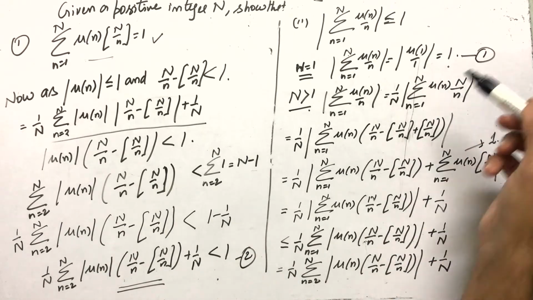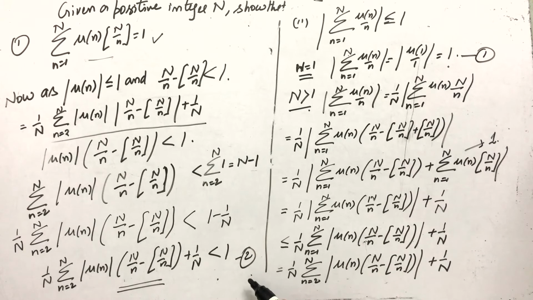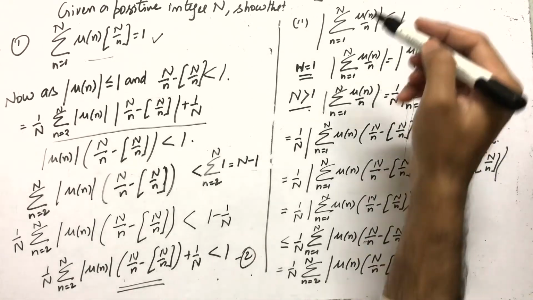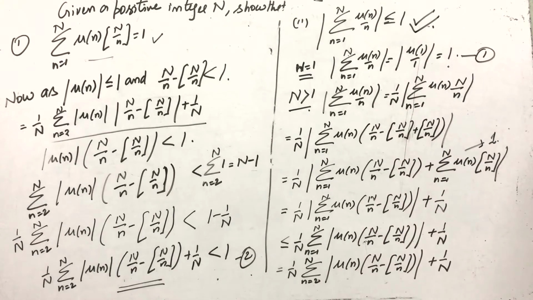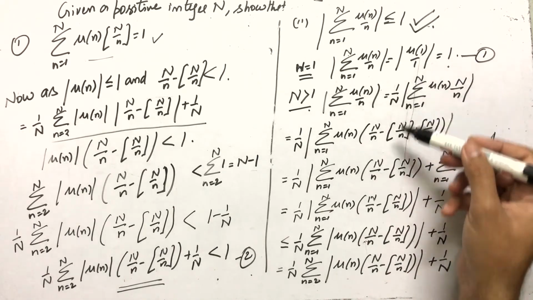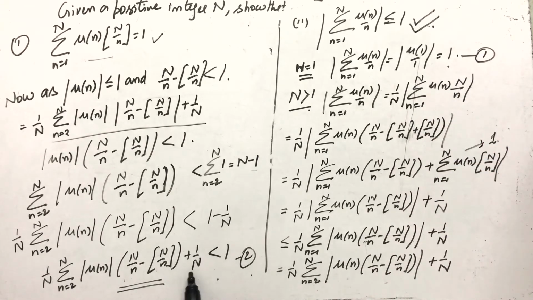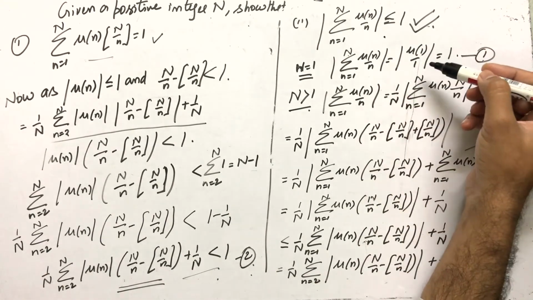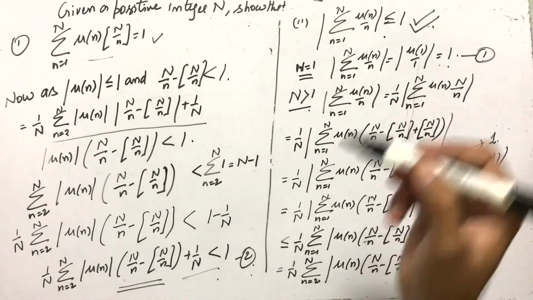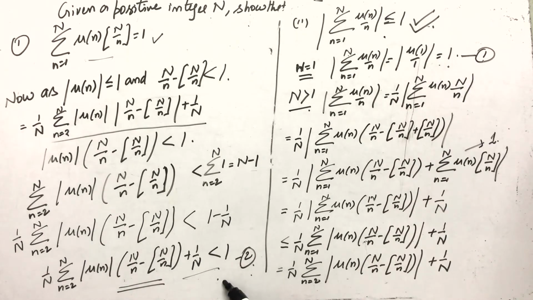So combining 1 and 2, we can easily write that this is less than equal to 1. So I hope you got the proof. We start from here and solving the inequality, we reached here, and combining these two we have this, because by 1 we have equal to 1 and by 2 we have strictly less than 1.